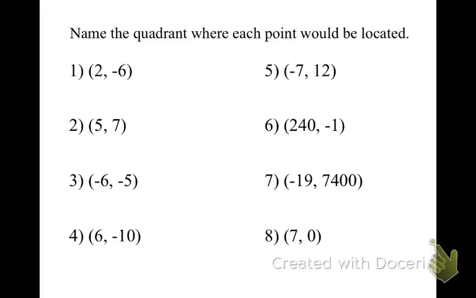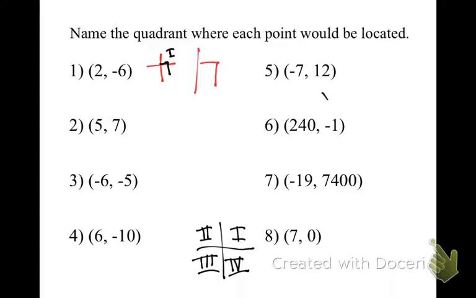So name the quadrant where each point would be located. I can just make a little graph here, and you'll see. If I'm going positive 2 then down 6, I'm going across 2 and down 6.